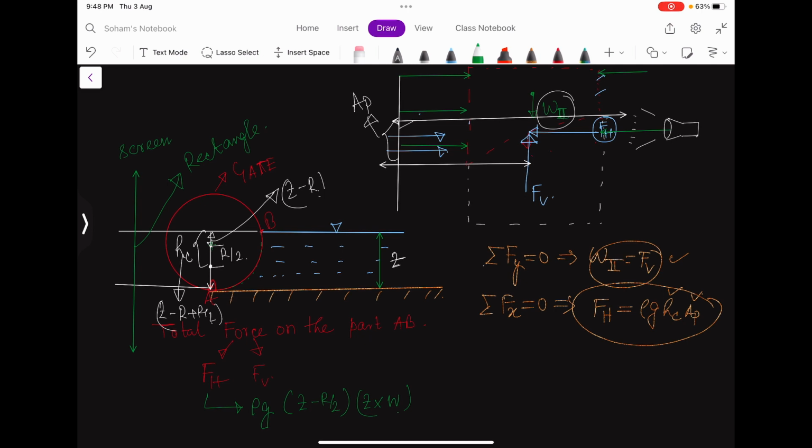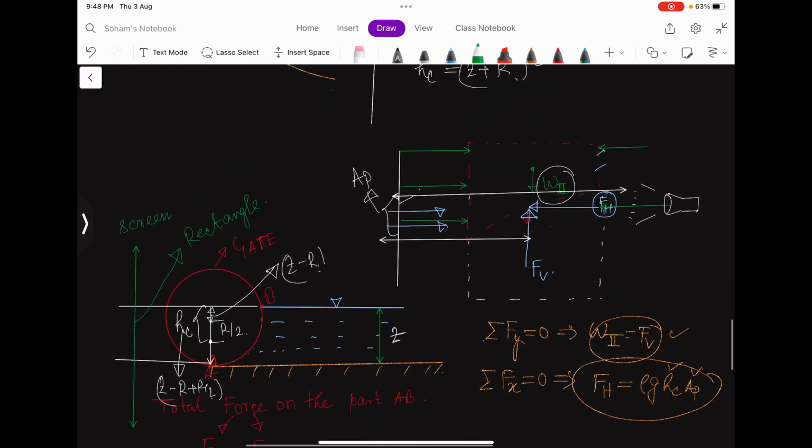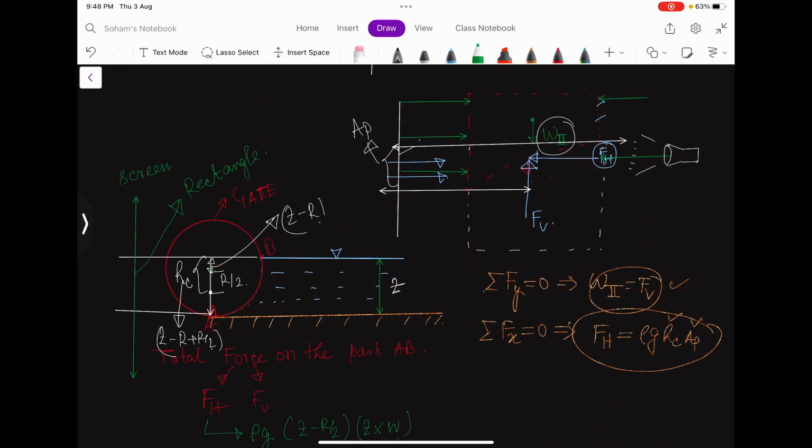So now what will you consider? For these cases only, you cannot consider any upper imaginary fluid mass, that is any fluid mass above this surface, because you don't have any fluid there.